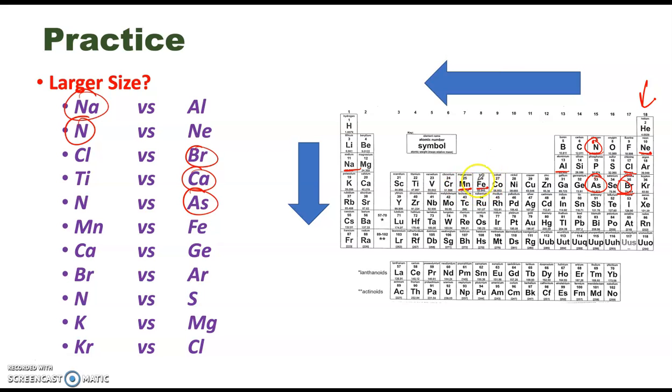Iron will have an extra proton which sucks in that outer layer a little bit, so manganese will be bigger. Calcium and germanium. Calcium is further to the left. Germanium's over here, by the way. Bromine and argon. Bromine is further to the left, and it's further down, so it's definitely bromine. Bromine has an extra layer.